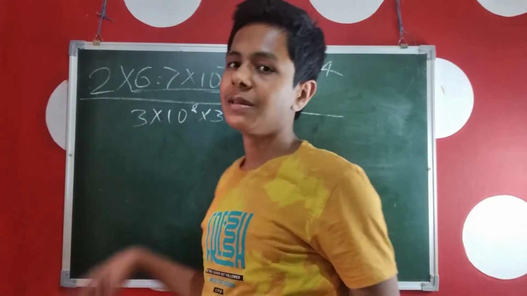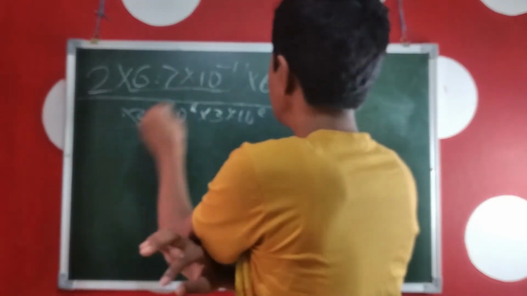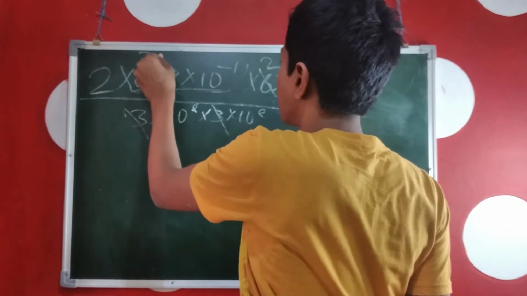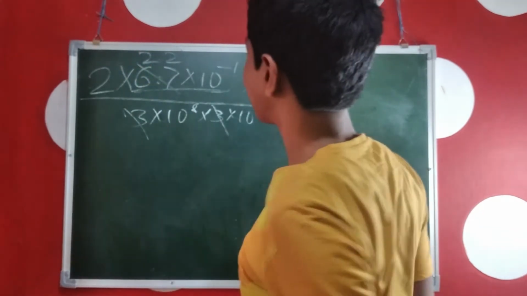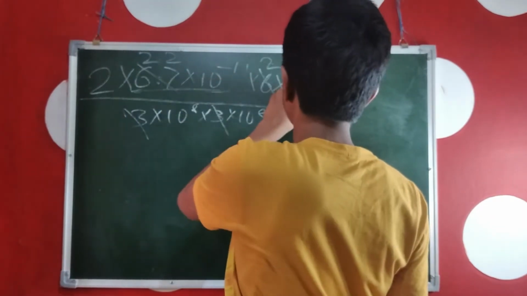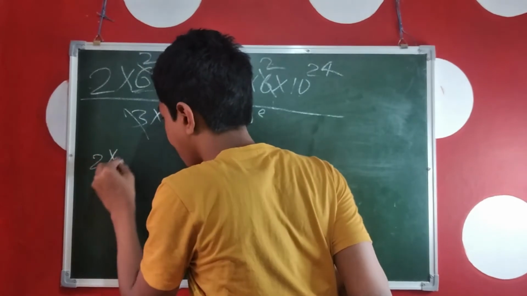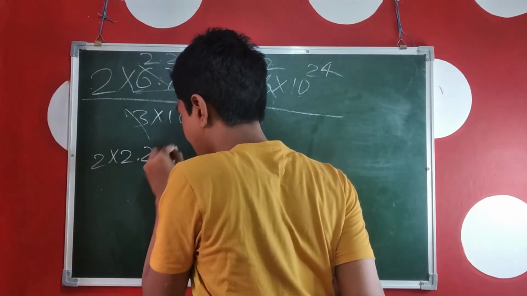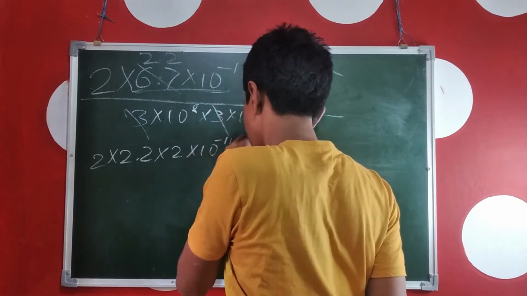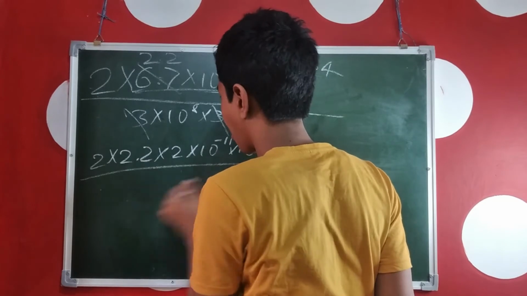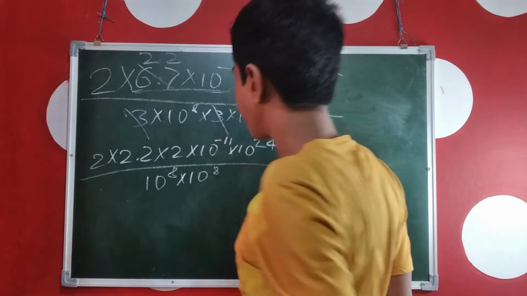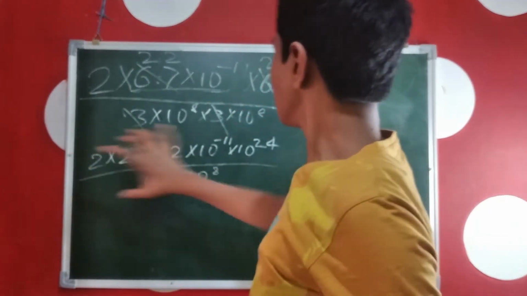Now calculate this. 3 twice 3, 2.2 times, and that's it. 2 into 2.2 into 2 into 10 to the power minus 11 into 10 to the power 24. Like this. This is what we got.